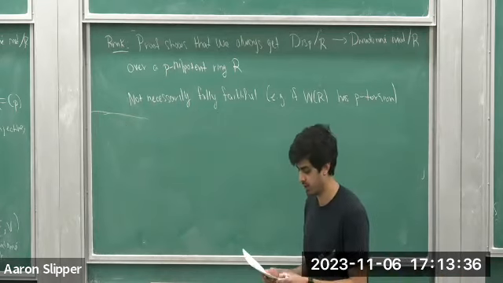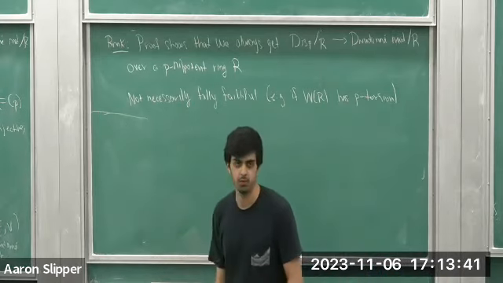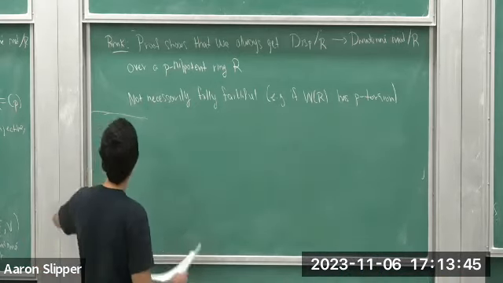Okay, so now I'll remark about the tool that ends up being used to prove the existence of the functor. So it's called normal decompositions.